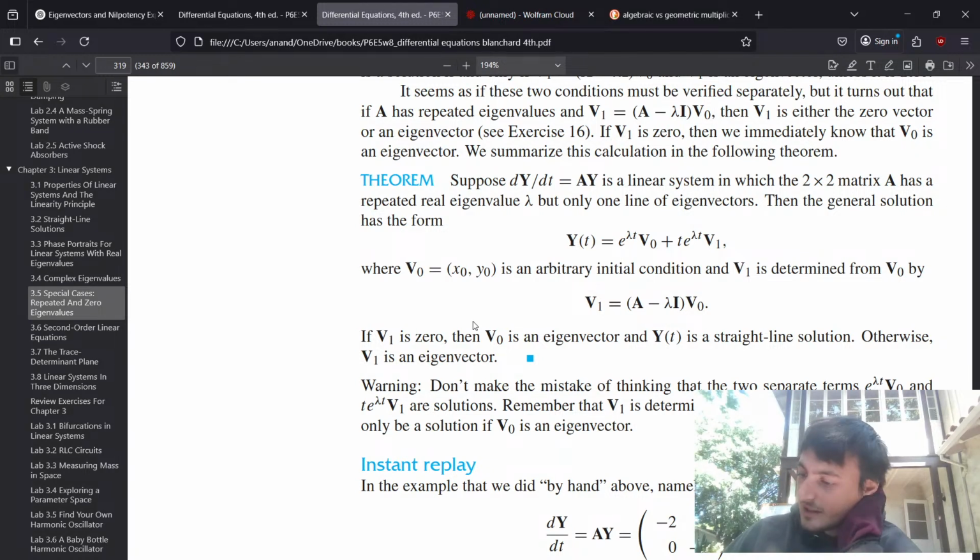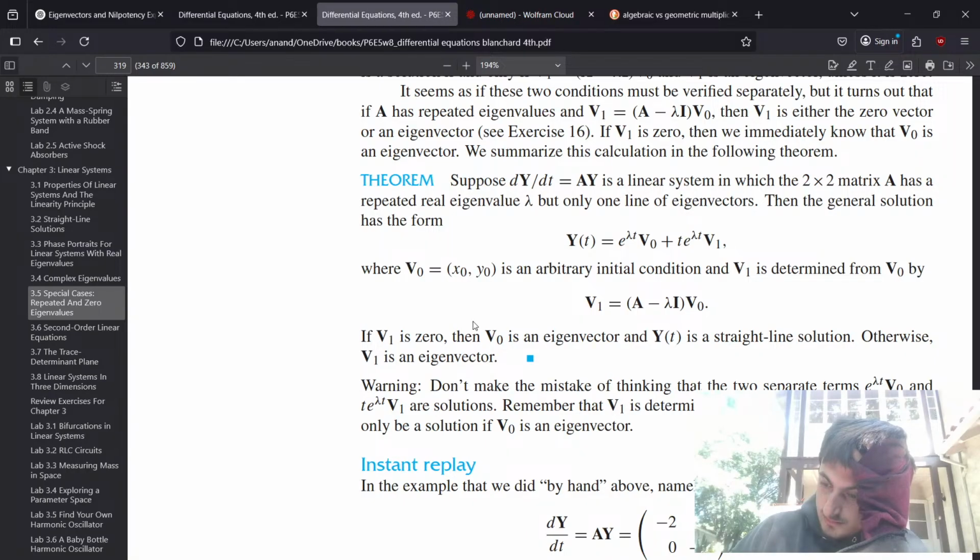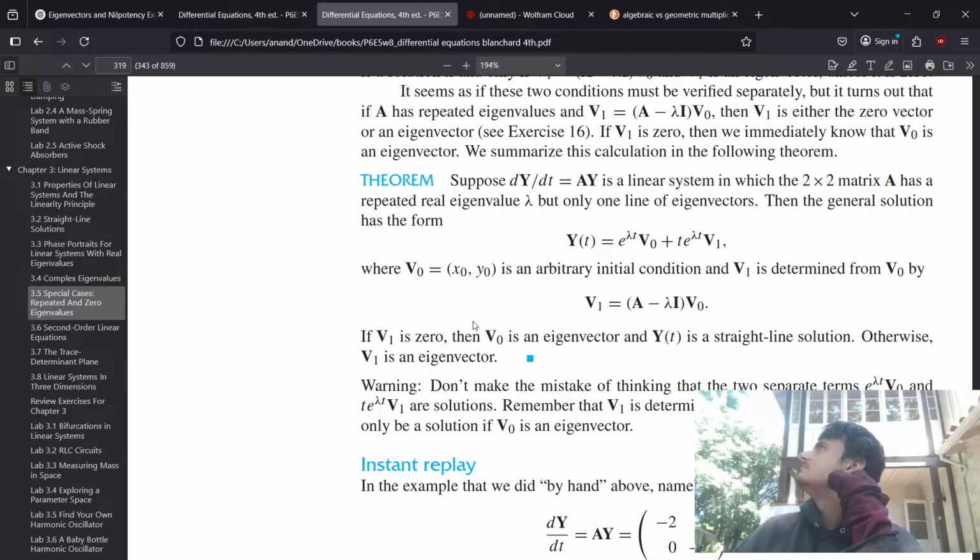Then we know, if there's only one eigenvector, that the general solution y of t is equal to e to the lambda t v0 plus t e to the lambda t v1, where v0 is the initial condition and v1 is equal to A minus lambda I times v0.